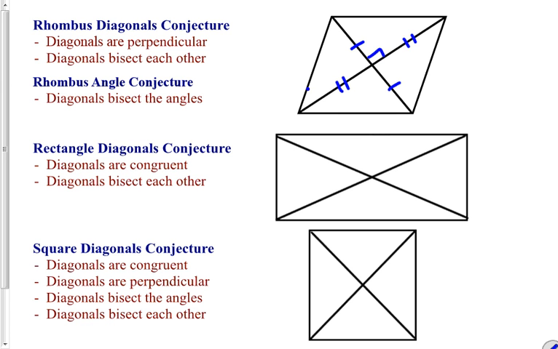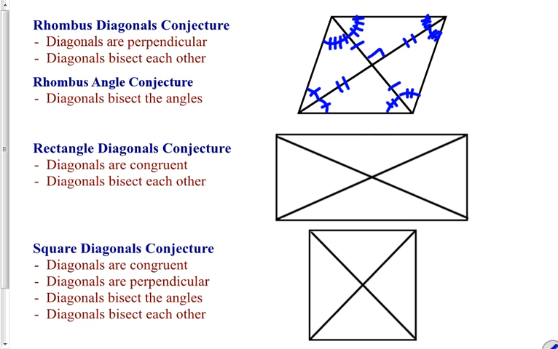So we could go through here. That's congruent to that. That's congruent to that. That's congruent to that. And this one's going to be a little hard, 1, 2, 3, 4, and 1, 2, 3, 4. There we go. So we are showing that those diagonals are bisecting each angle.